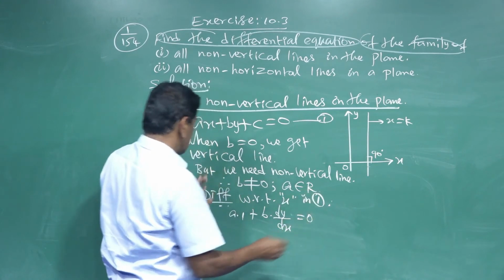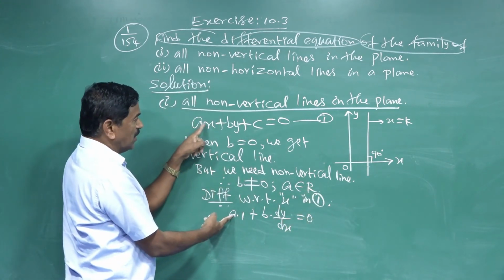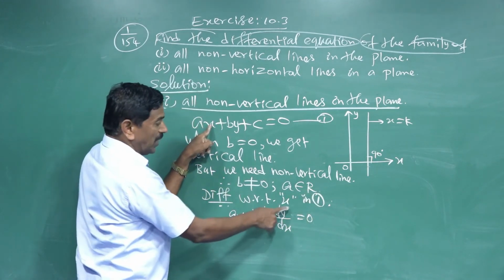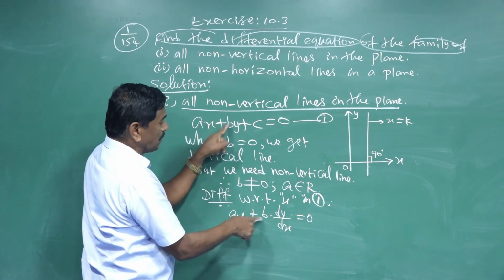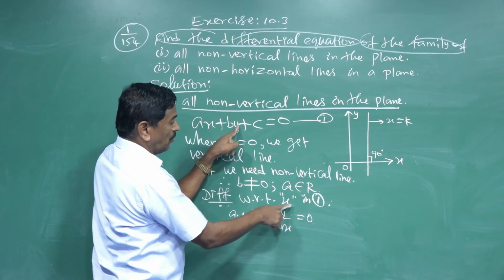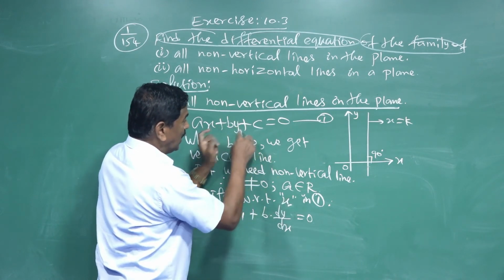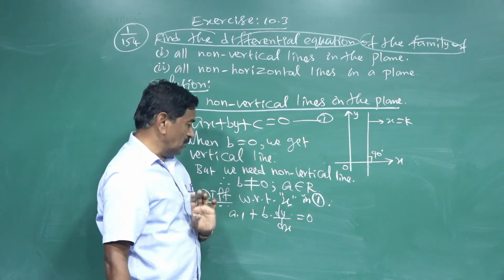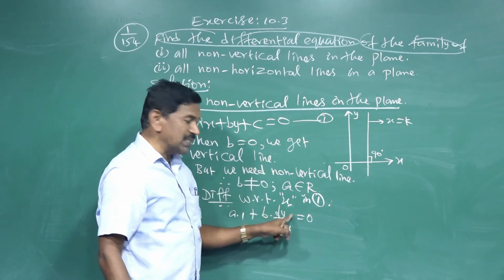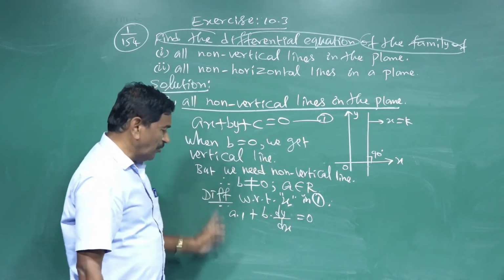That's all. Again listen: a is a multiple constant, x differentiation is 1 because we are differentiating with respect to x, plus b into dy by dx, equal to 0, where the constant differentiation is 0.